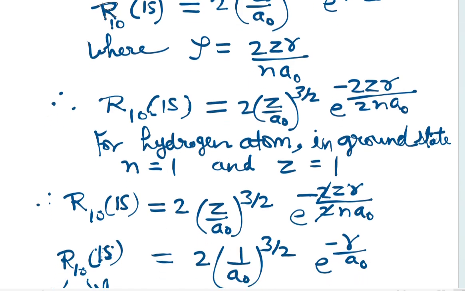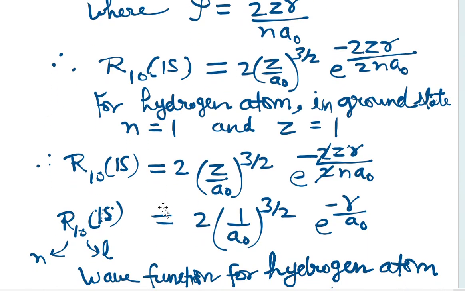Now, R10 is equal to 2 into Z upon a0 to the power 3 by 2, e to the power minus 2Zr divided by 2n a0. Here 2 and 2 cancel out, and simply we get R10 is equal to 2 into (1/a0)^(3/2) e to the power minus r by a0.